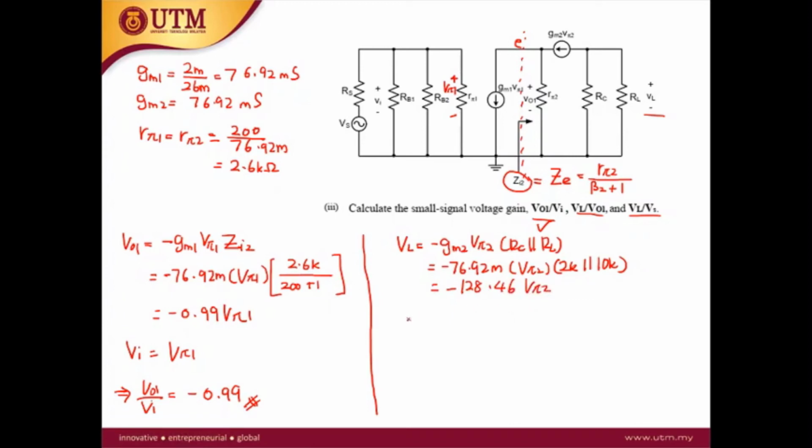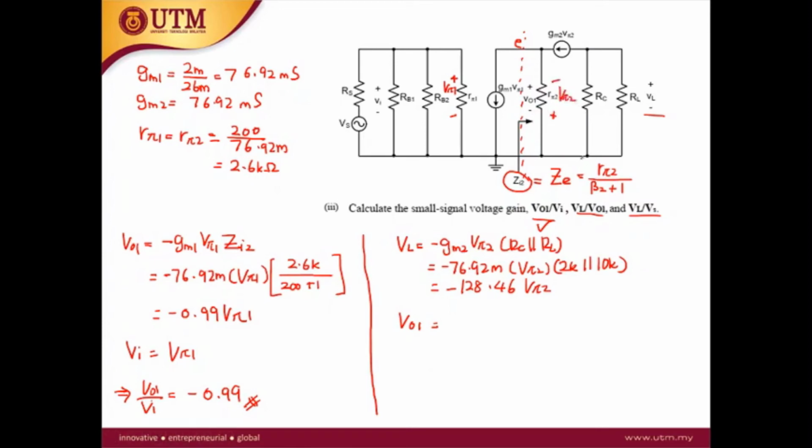So next we express V out 1. In the calculation of V out 1 over VI, we expressed V out 1 as a function of V pi 1. Now we want to express V out 1 as a function of V pi 2. So what is V pi 2?